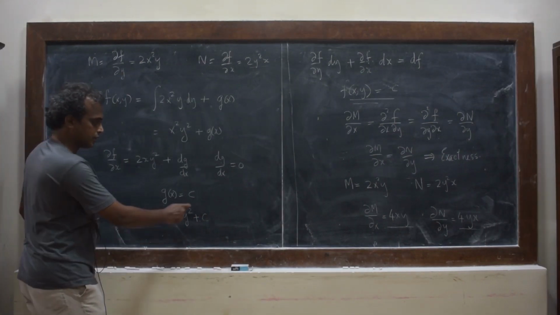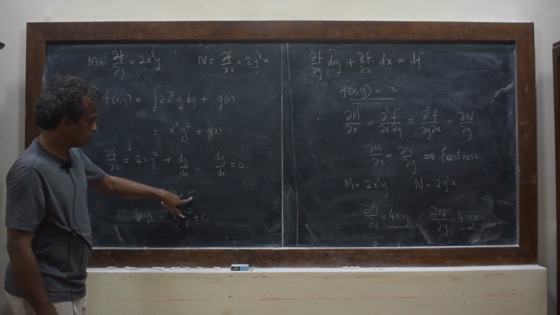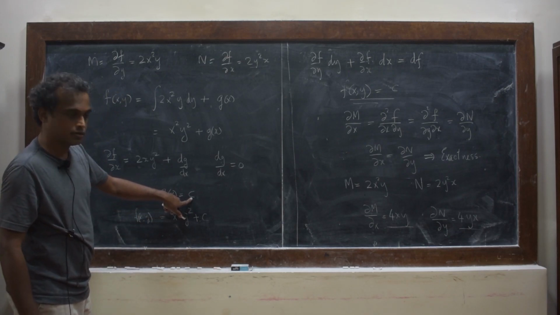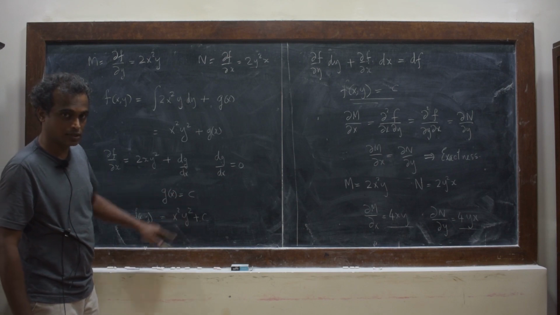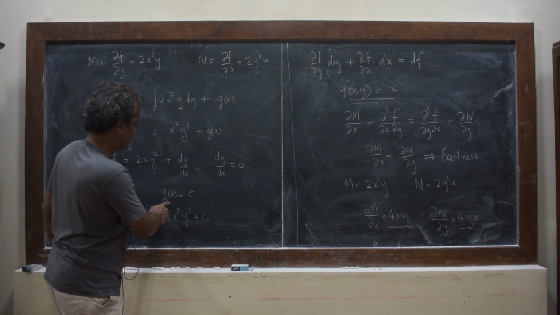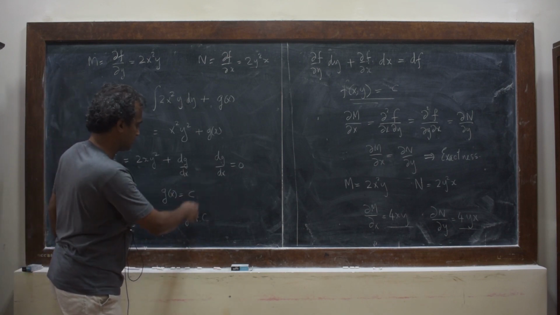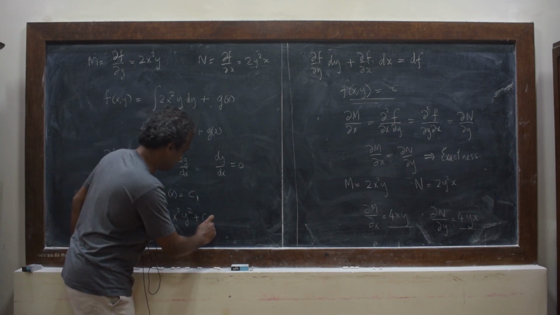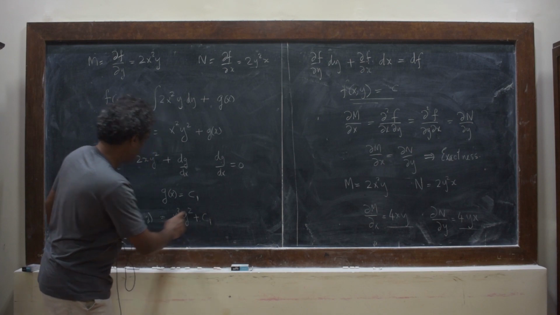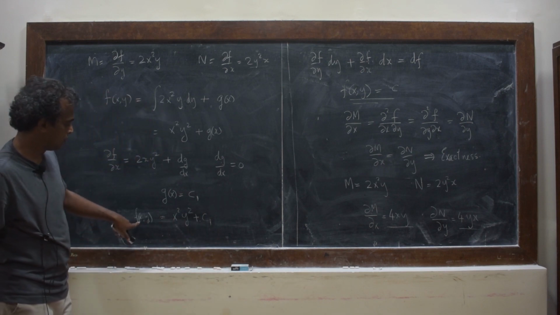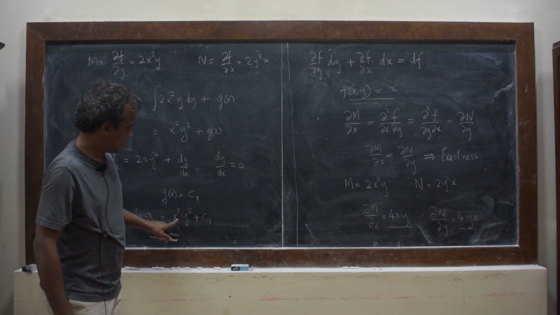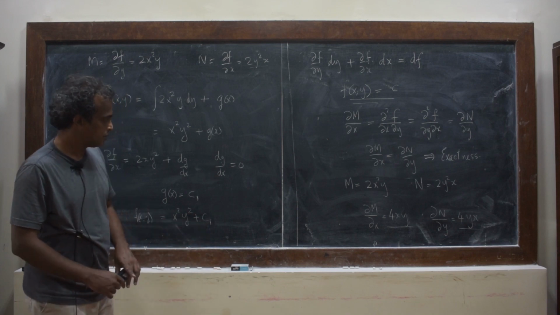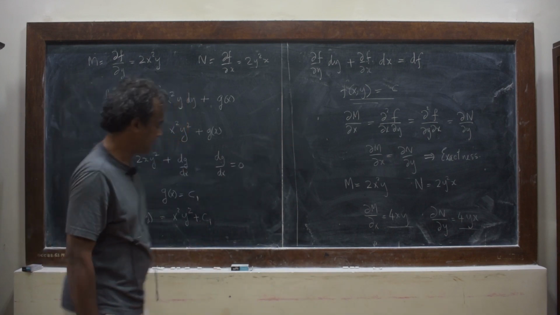Please note that I had chosen c as the constant of integration for the solution for g of x. It is good for us to write it as c1 and thus write the solution as f of x y equal to x square y square plus c1, so as to be consistent with our notation earlier.